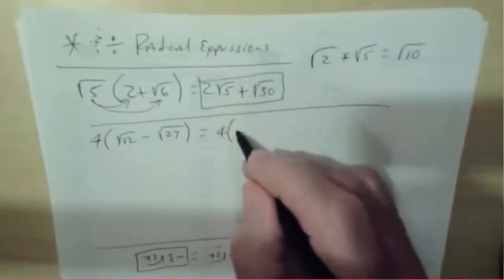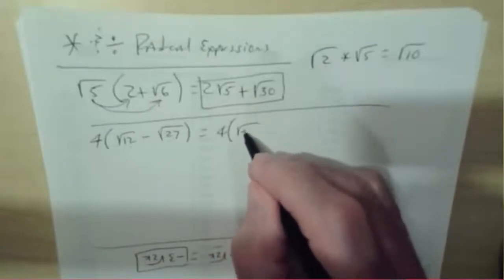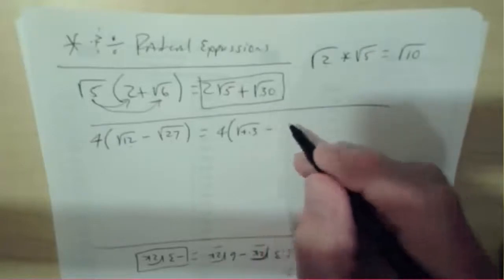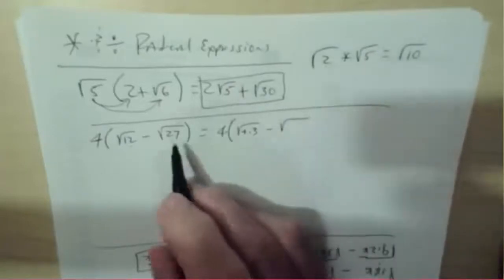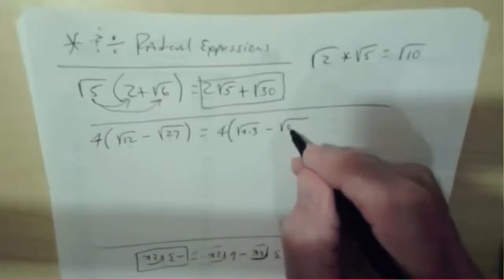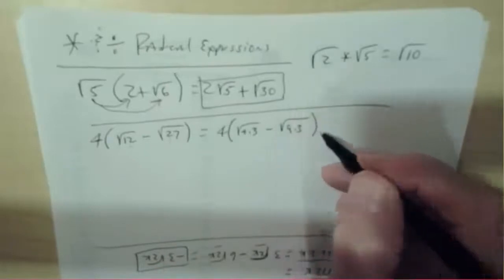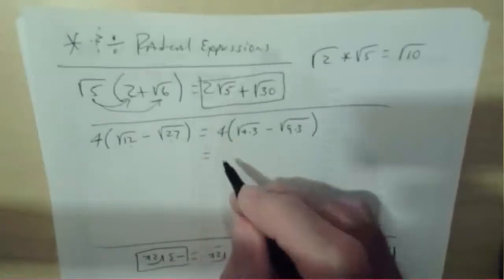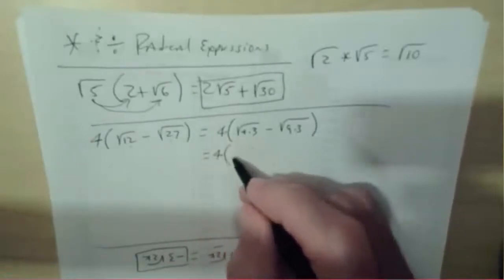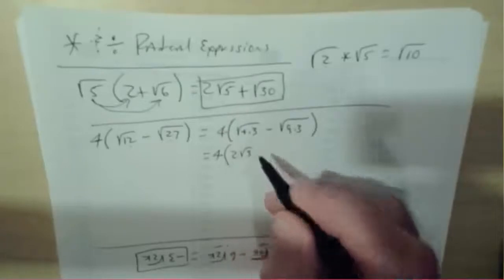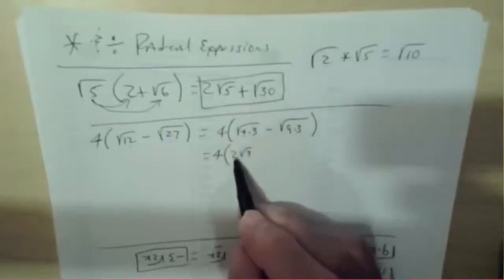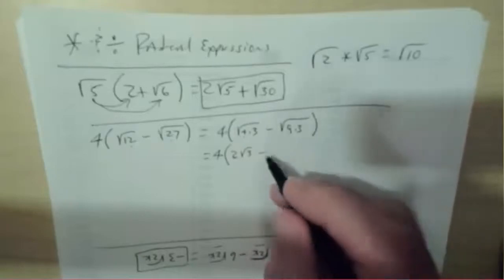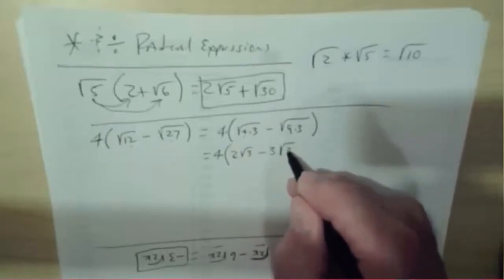Square root of 12 is the square root of 4 times 3 minus the square root of, what's the 9 times 3? Okay. So this equals 2 times the square root of 3, right? The square root of 4 is 2. It comes out of the radical. Minus the square root of 9 is 3. 3 times the square root of 3. Right? Right.